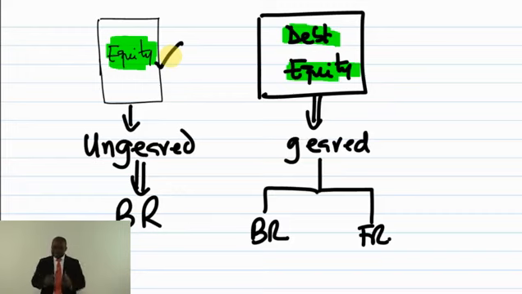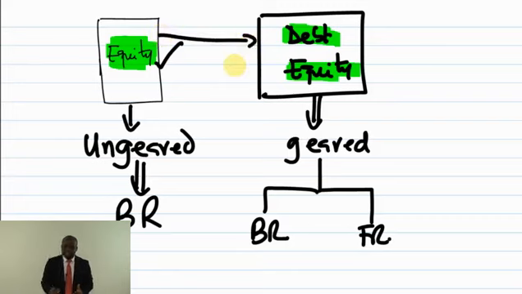This is how the examiner will create a scenario. So many scenarios can be created out of this. I can be all equity, but I am going to raise debt capital. The moment I raise the debt capital, I change from being all equity to being debt and equity. So calculate your current WACC here and calculate your revised WACC.